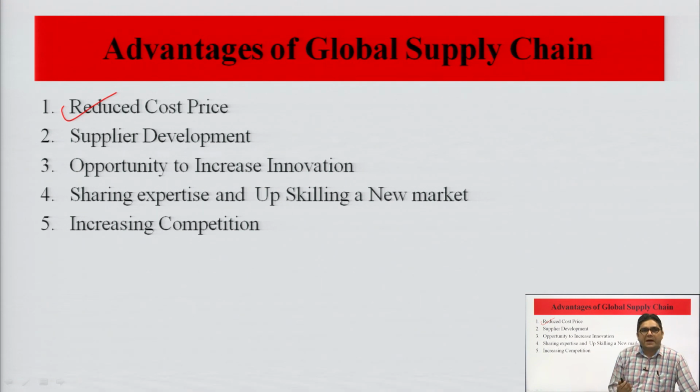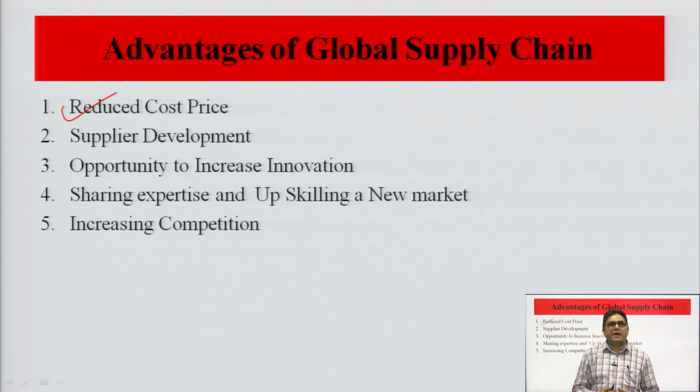The global supply chain helps the company manufacture where the cost is low and sell the product where the prices are higher, and that is how you will be able to do better business across the globe.